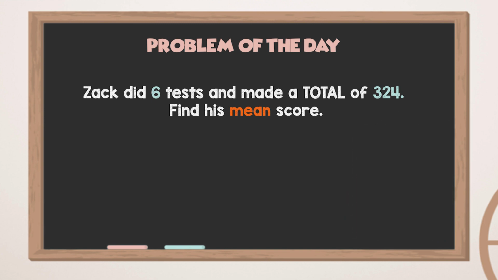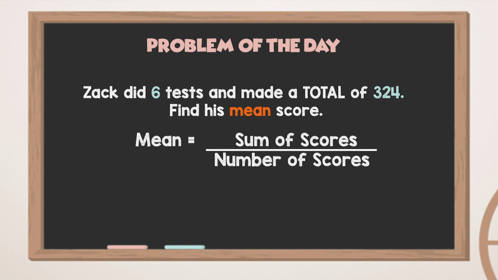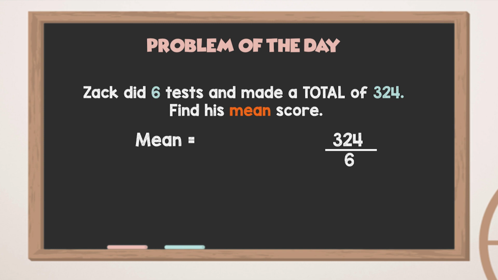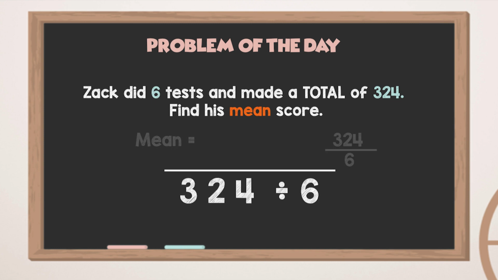Our solution. Mean equals sum of scores divided by number of scores. Mean equals 324. That is the sum of the scores. Remember, it was given the total of 324. Number of scores? 6, because Zach took 6 tests. So let's divide 324 by 6.